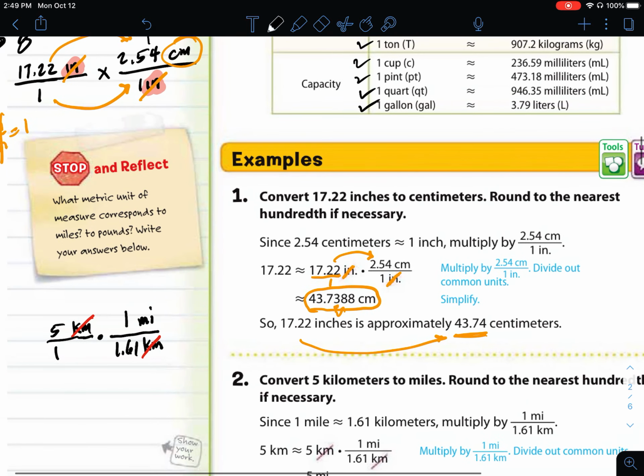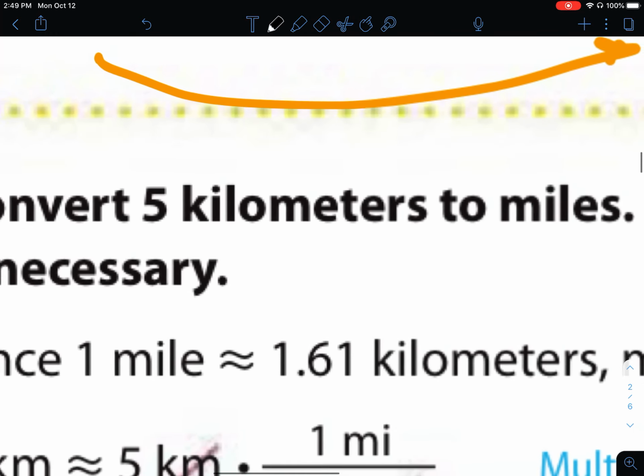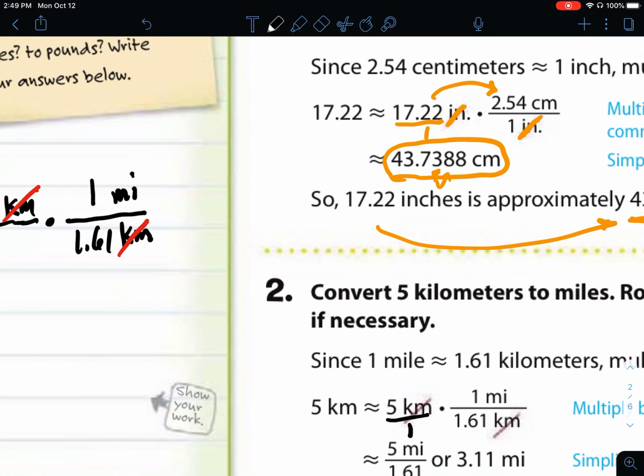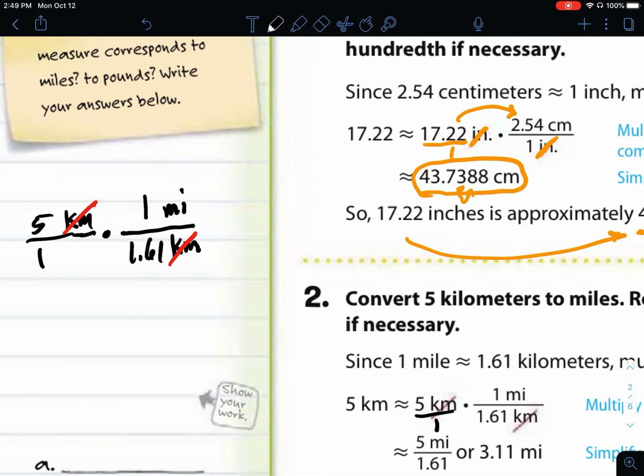So if you notice, that's the reason why you have this right here. In this case, you only need to put one underneath so that you can see how it's been canceled. Kilometers has been canceled. Now, if you notice, after you multiply straight, just like multiplying fractions, this becomes 5 over 1.61. And since that's the only unit left, I write down miles.